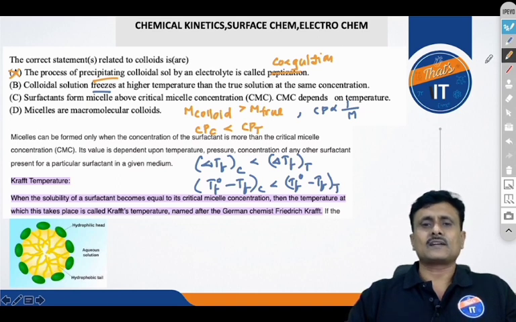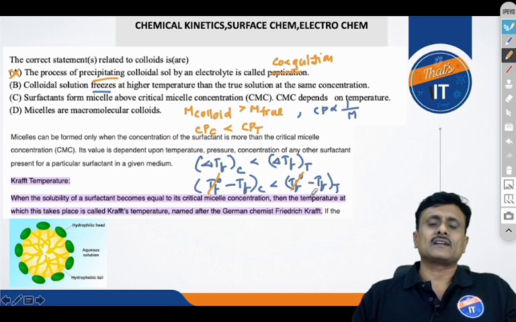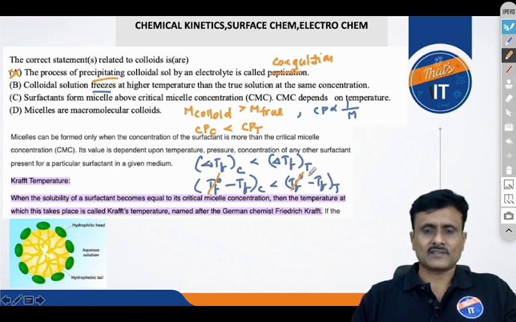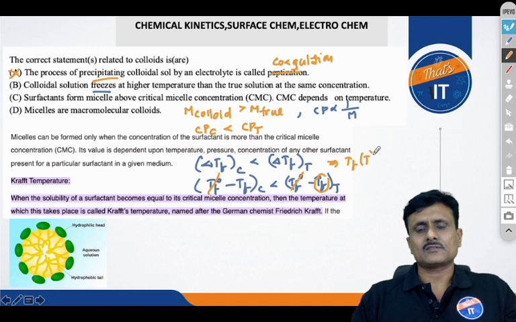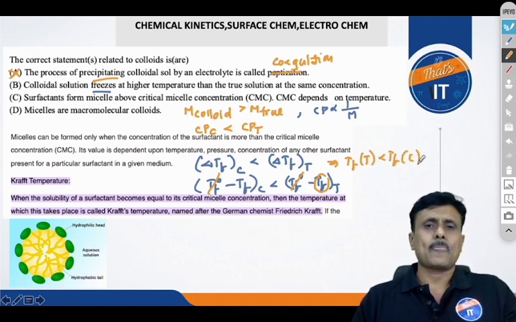As you can see that this value being constant, when I say that this difference is greater, isn't it? When this difference is greater, that means the TF, this implies what? The TF of the true solution is greater than TF of the colloidal solution, isn't it?